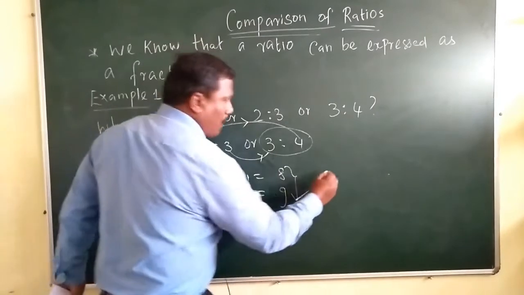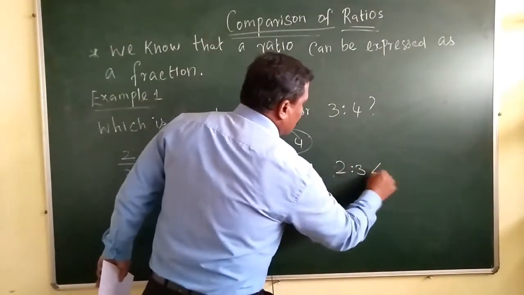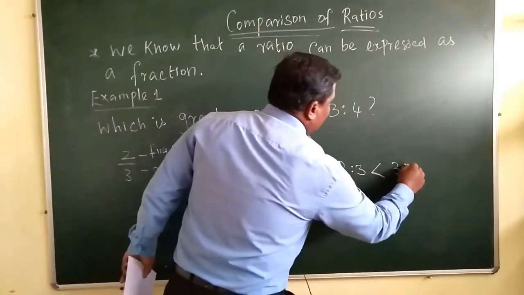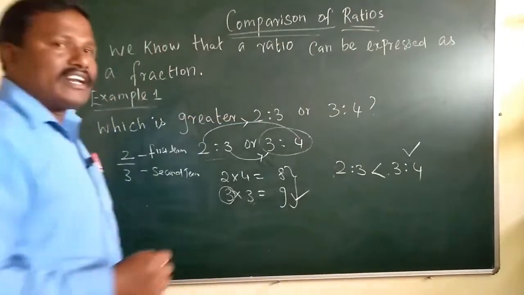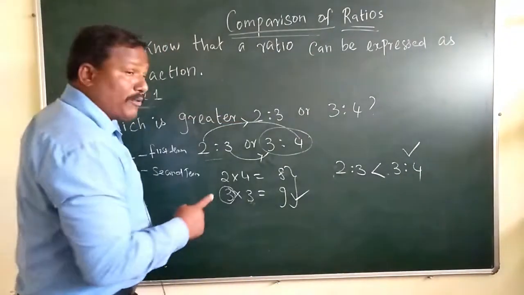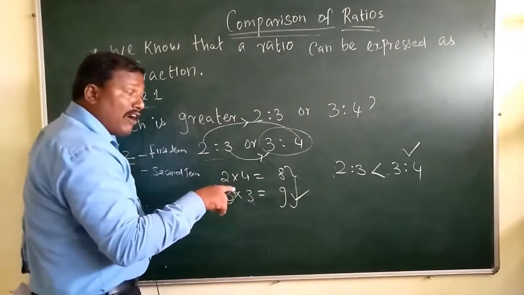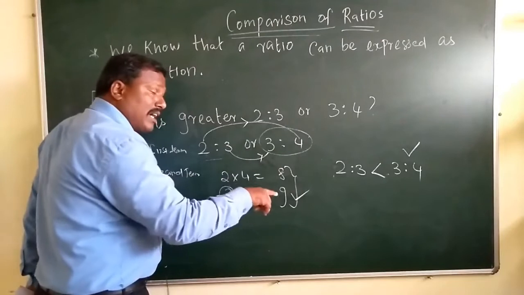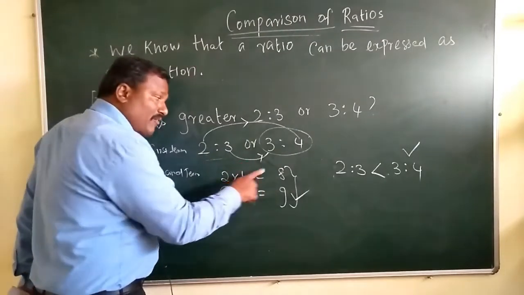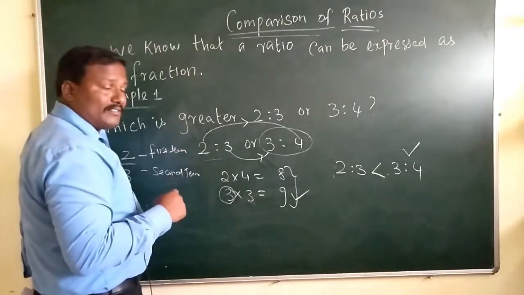So comparing 2:3 and 3:4, 3:4 is the greater ratio. Suppose the greater product were the first one, then the first ratio would be greater.